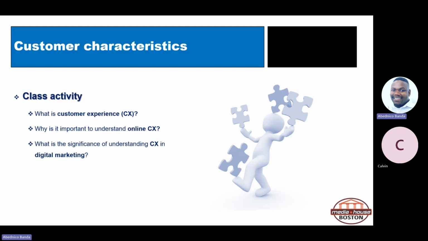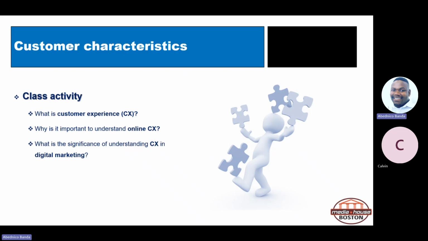There's a difference between experience and assumptions. So you cannot just assume that customers are A, B, C, D. You cannot just assume that brands are like A, B, C, D. You need to have the real encounter with those brands for you to say that you've got an experience with them.